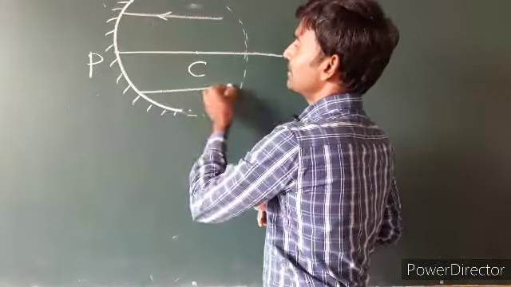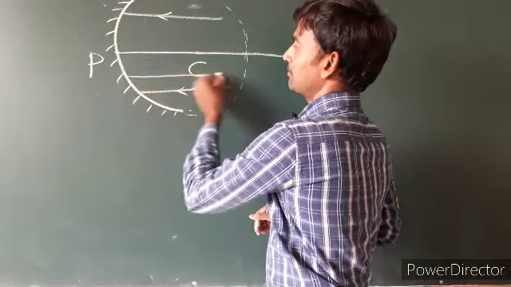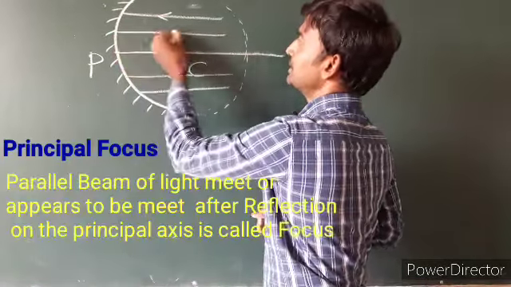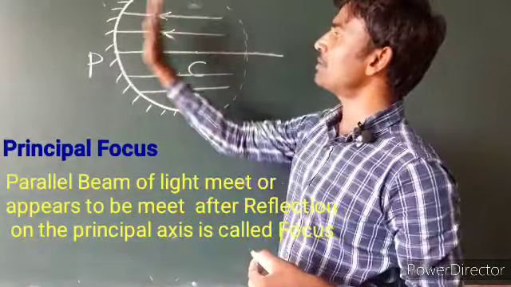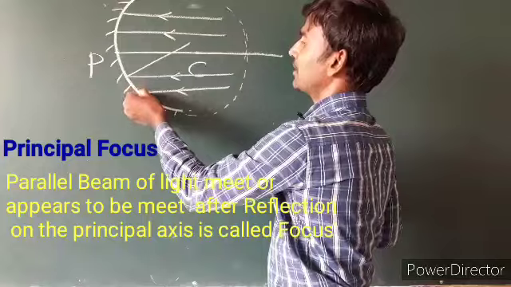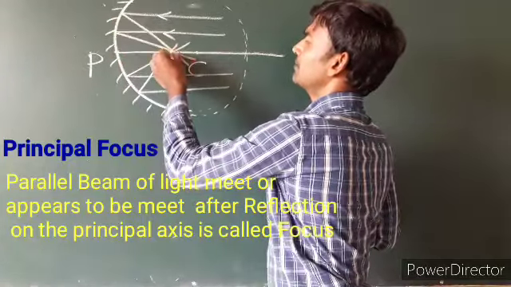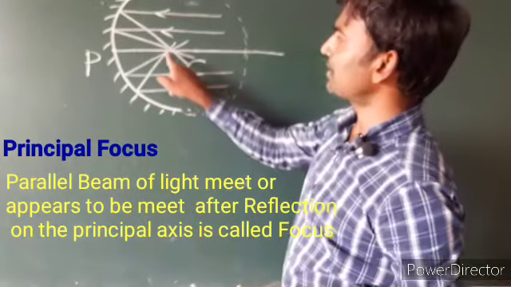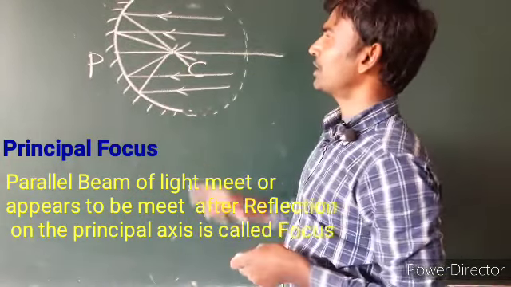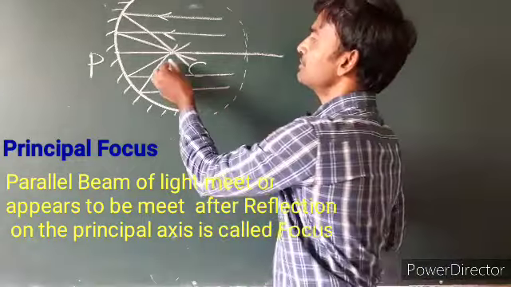When a parallel beam of light is incident on the mirror, after reflection, all the rays meet at a point on the principal axis. This is called the principal focus.